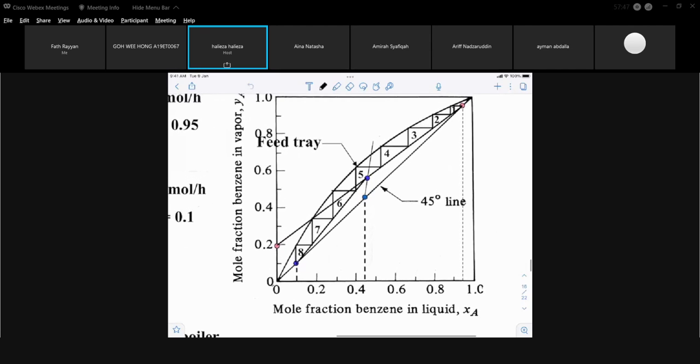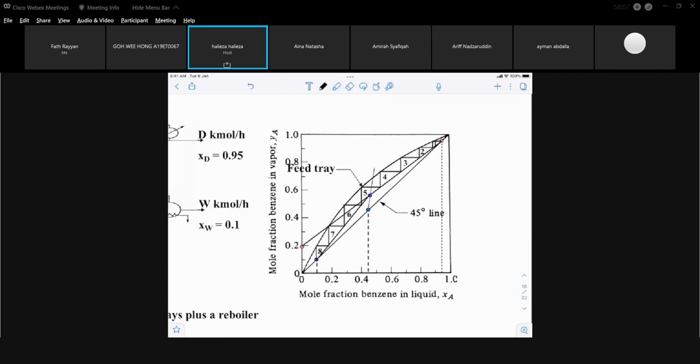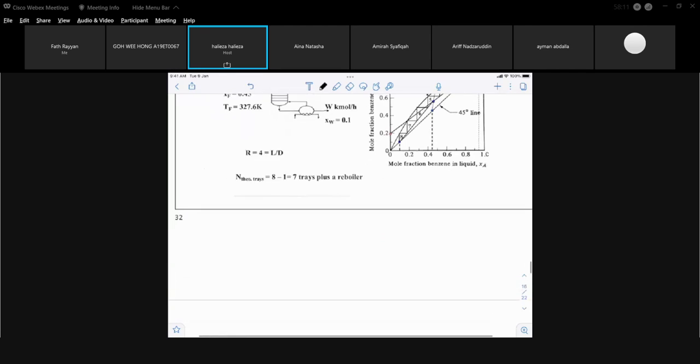It depends on how you draw your vertical and horizontal lines. For this diagram I got 8 stages, and the feed tray is number 5. For the example that I did just now, I got feed tray number 4. So it depends on your diagram, but it should not be too far off.